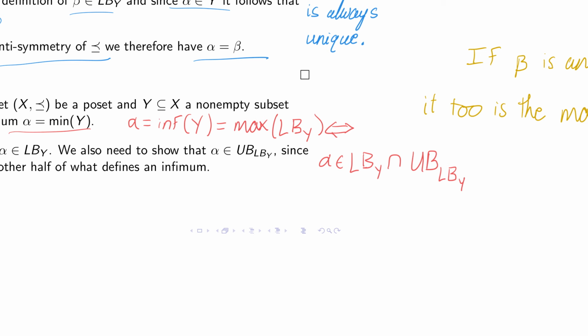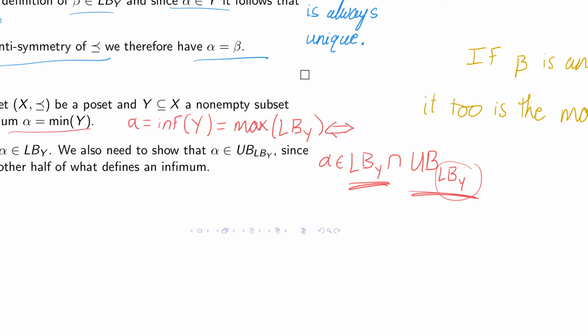We are taking an upper bound of the set of lower bounds of Y. But if you parse through all the definitions, this is what it means. And so this is what we have to show: we have to show that alpha is a lower bound of the set Y, and we also have to show that alpha is an upper bound on the set of lower bounds of Y.